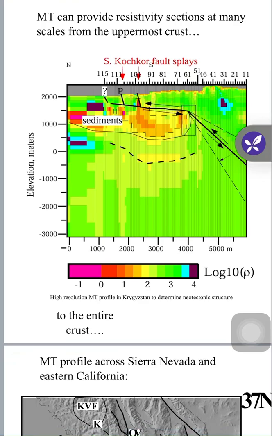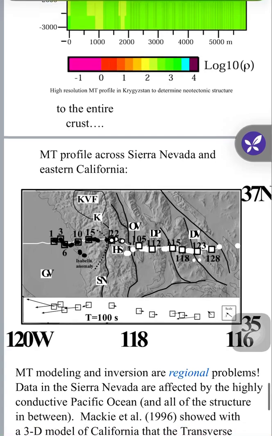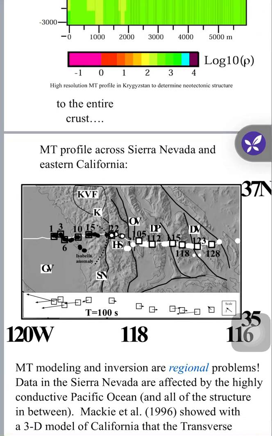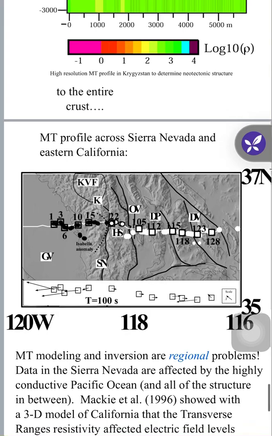This is an example of a high resolution MT profile in Kyrgyzstan to determine neotectonic structure. This is the MT profile across the Sierra Nevada and Eastern California.